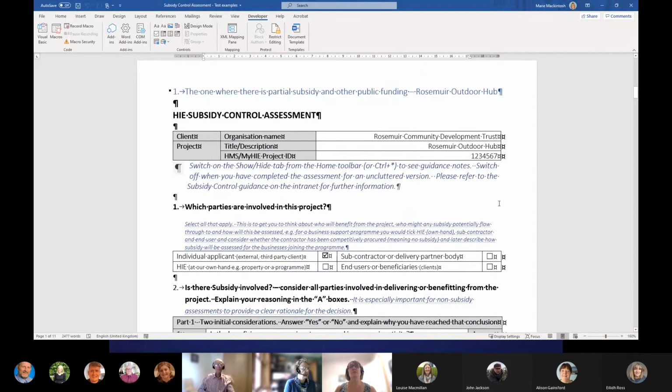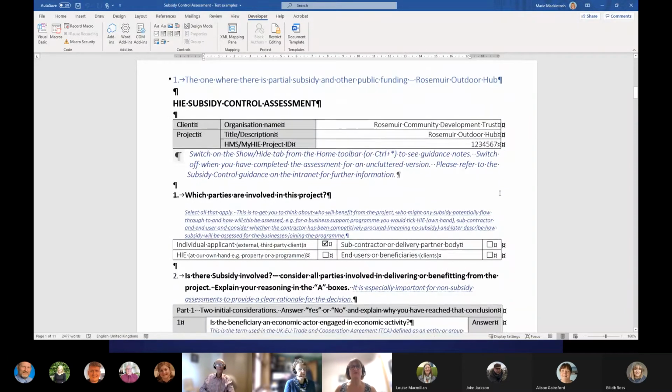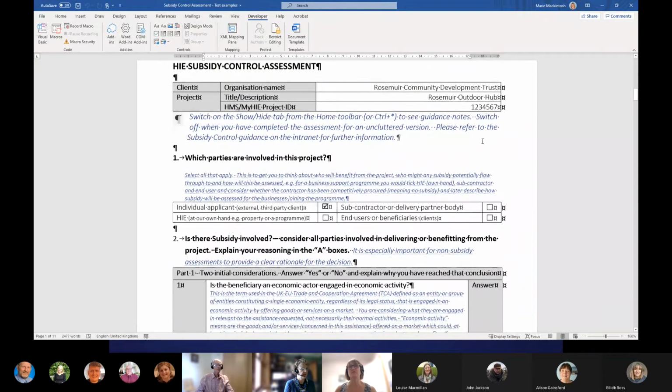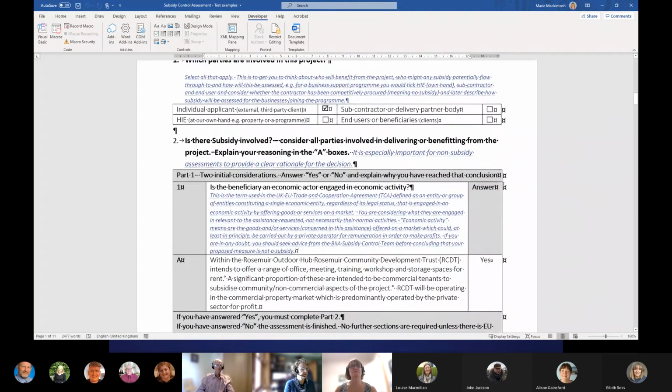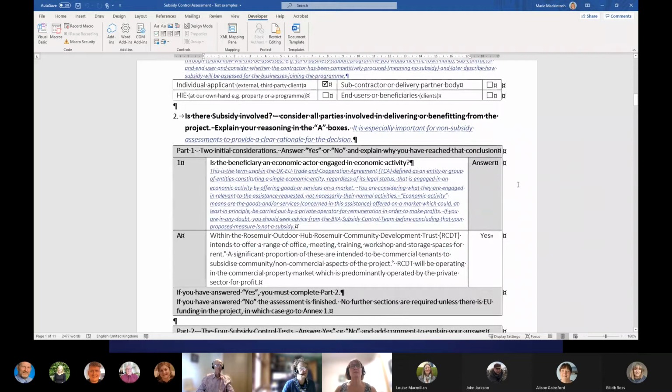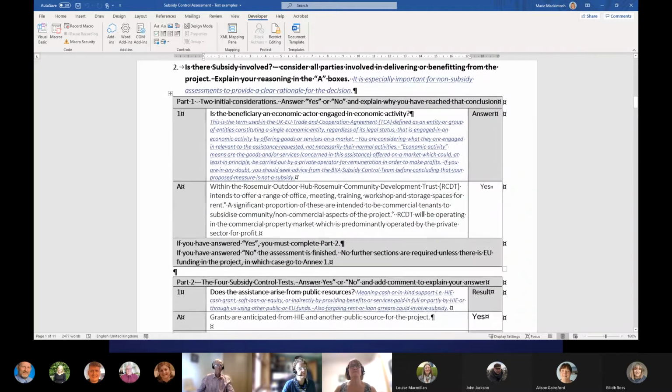So remember, if you were on any of the previous webinars, you would have seen that we discussed Rosemuir Community Development Trust. Their project had a mix of community resource within the new property that they were going to build, but then they were going to rent out commercial office space and training space.